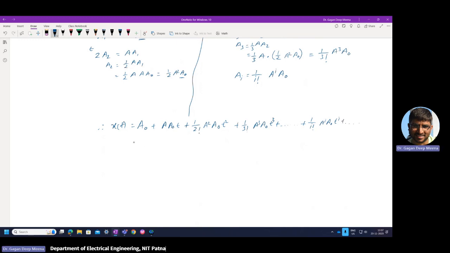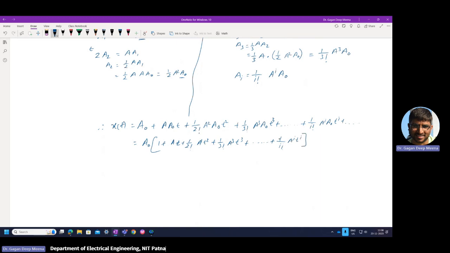If you would like to take A0 as common, you can again write this as 1 plus At plus 1 by 2 factorial A square t square plus 1 by 3 factorial A cube t cube plus dot dot dot, going on and on, 1 by i factorial A to the power i t to the power i.